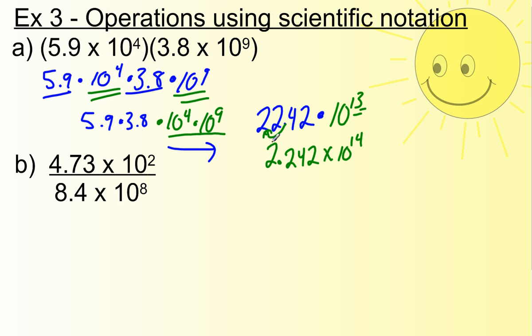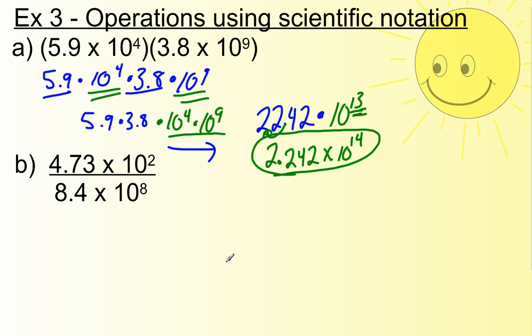We moved one place, so our exponent gets one number higher. 2.242 times 10 to the 14th is what this is. And that number is probably too big to fit in your calculator. But by using the powers that we learned about in the last lesson, we know that we have the correct answer.